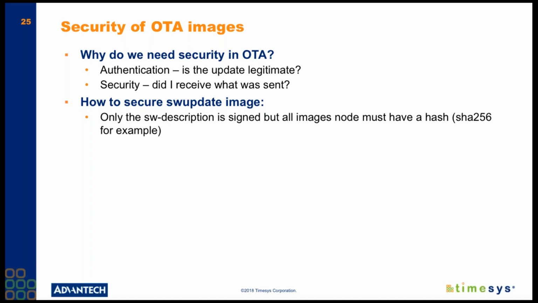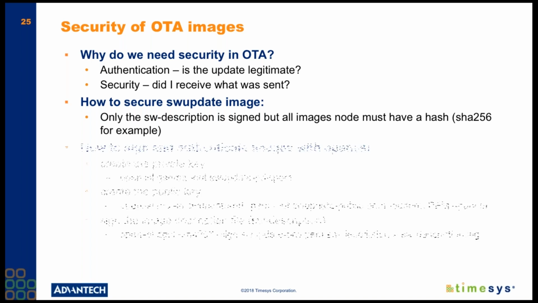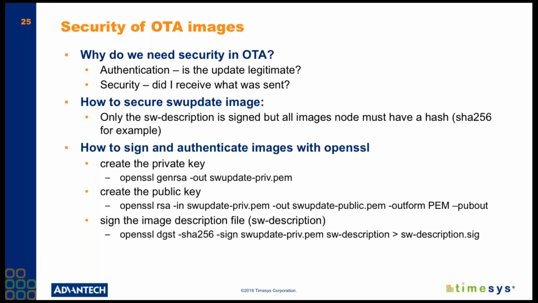They are all identified through a unique SHA-256, which can be very easily faked. So if I sign the sw-description, I can authenticate that all the SHAs are correct, and I can make sure that the software that I've received is really mine, okay?